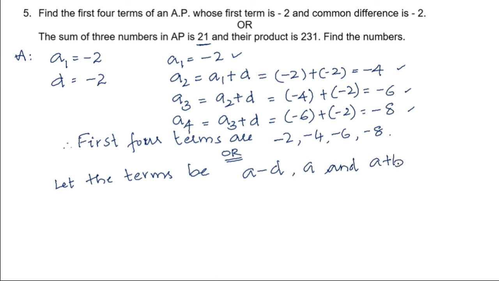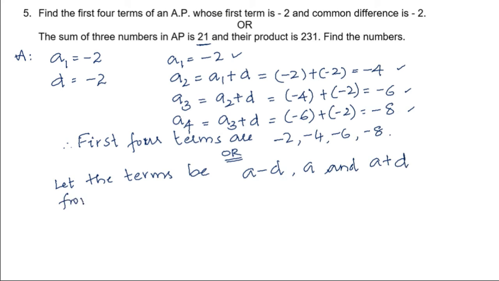The reason why to consider like this, when we add them up, d will get cancelled. Here correction, this is a plus d, it's d. D will get cancelled when we add them up.